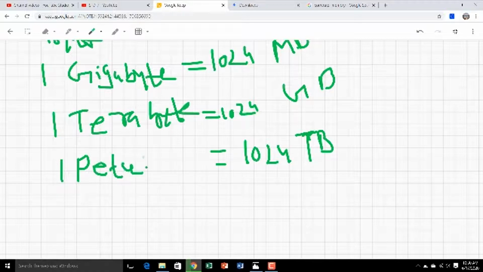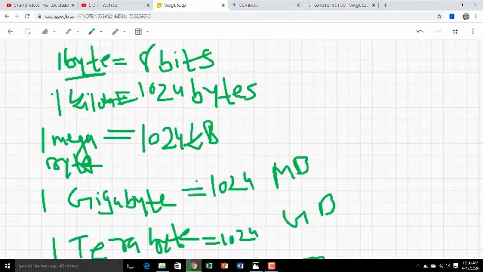So these all are the units of our memory.